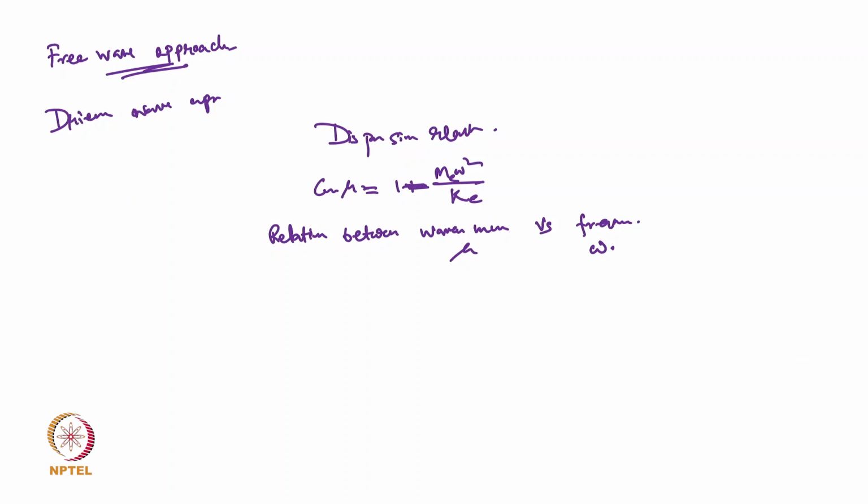So the point can come: which way are we solving it? Suppose if we are giving an ω, we will get a μ. Then whichever way we are solving, it hardly matters. If the relationship is 1:1, like we give an ω and we get a μ, then there is no problem. But now what's the problem?